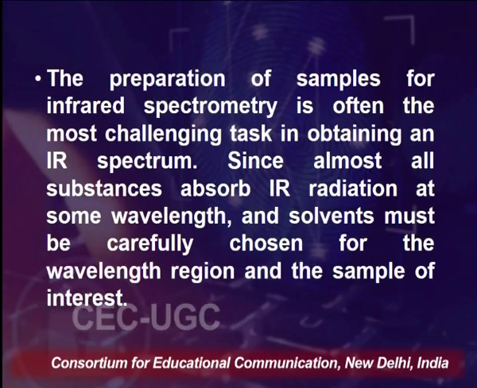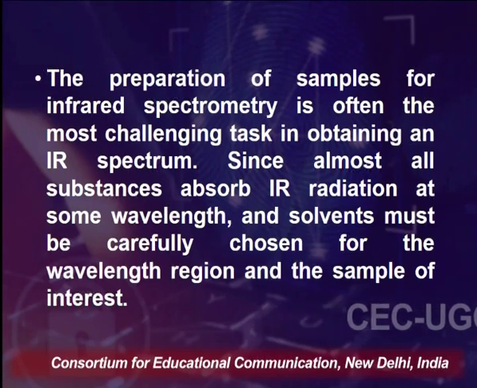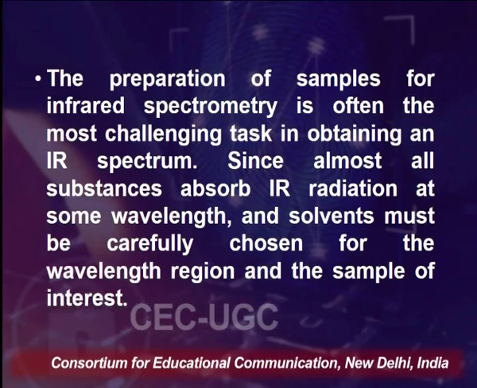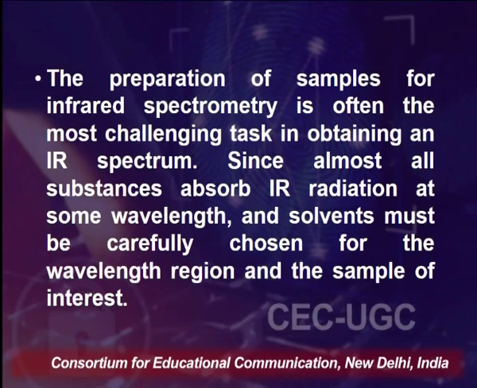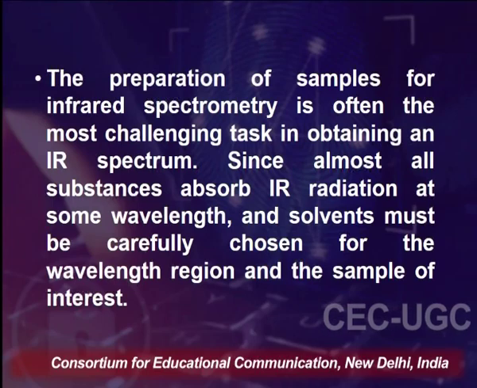So the sample preparation should be done in a particular solvent which does not absorb IR radiation. For example, one common example is KBr, potassium bromide, which is transparent to IR wavelengths, which we mostly use for the analysis.